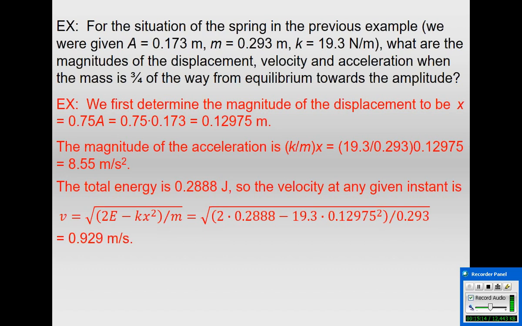So if I take that general expression for the energy, the sum of kinetic plus potential, then v must be equal to the square root of (2E minus kx squared) all over m. I know E, I know k, I know x, I know m. We plug it in, and we get that the speed is 0.929 meters per second.